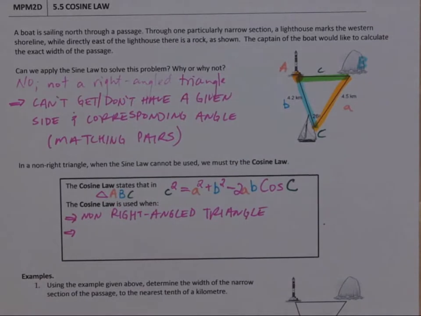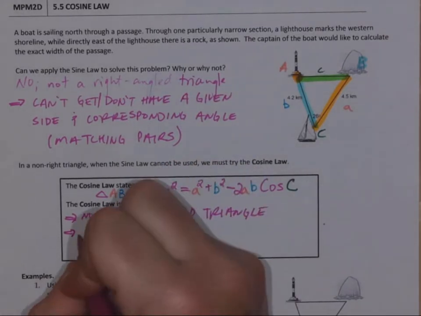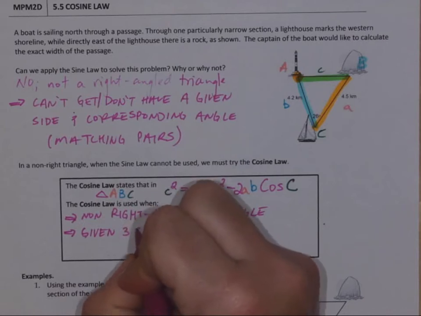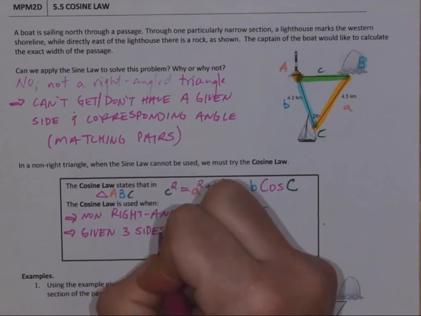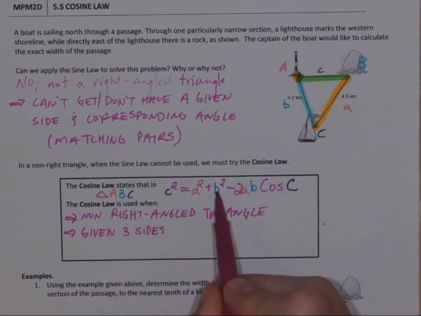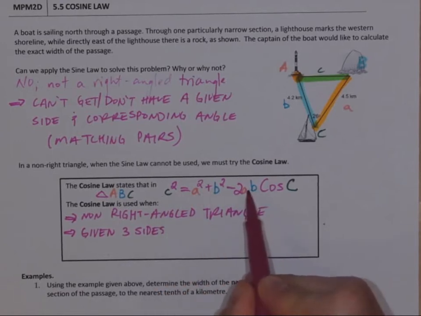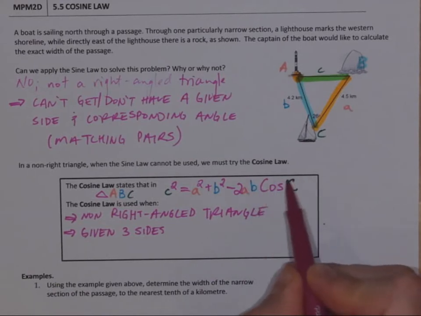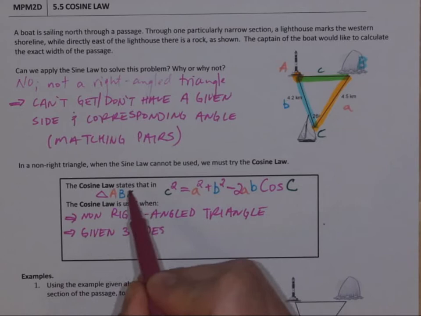And we're given one of two situations. We are given 3 sides. We would sub everything in, solve and rearrange to get cosine C by itself, and then take cosine inverse from the right and from the left to get our angle.